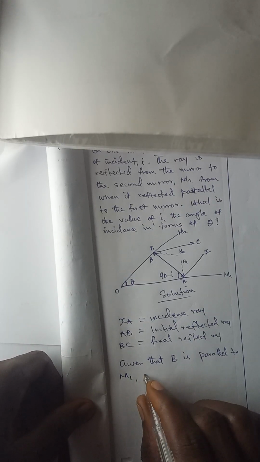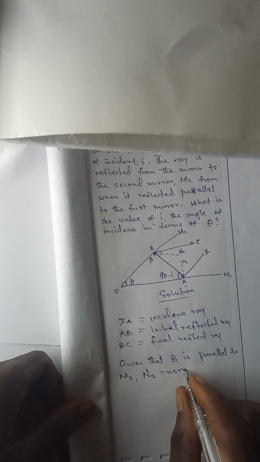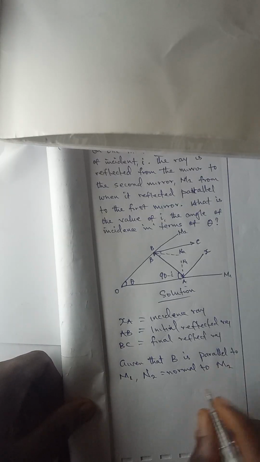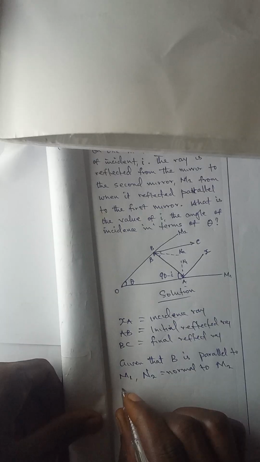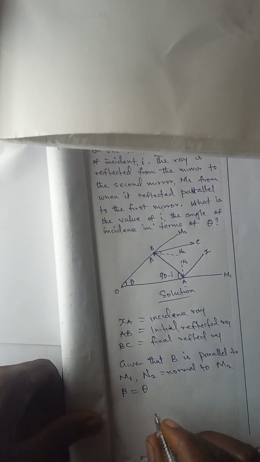therefore, N2 is equal to normal to M2, that's normal 2 is equal to normal to M2, and our beta is equal to theta. Yes.